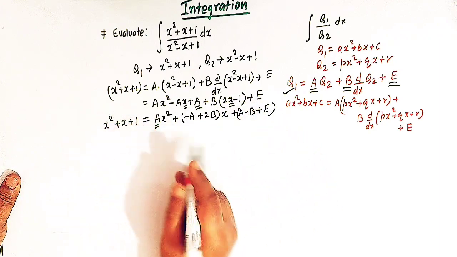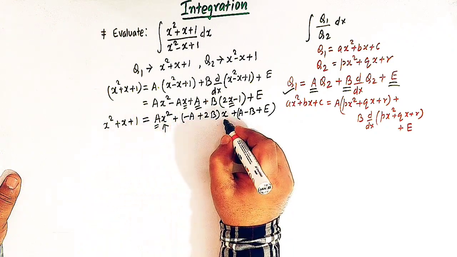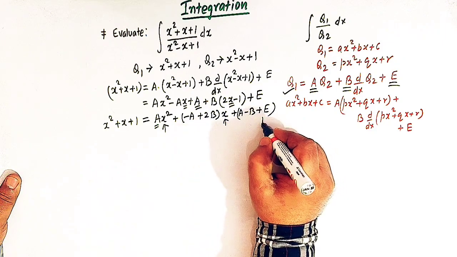Now let us compare both sides, the coefficients of x square, x, and the constant term.